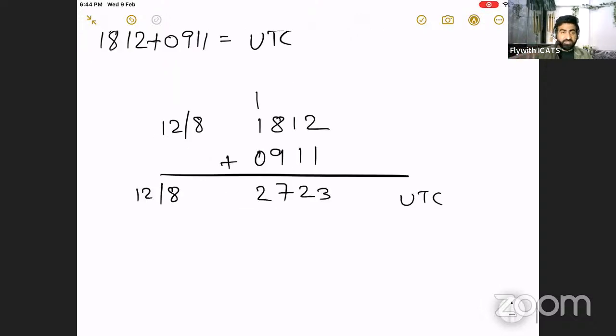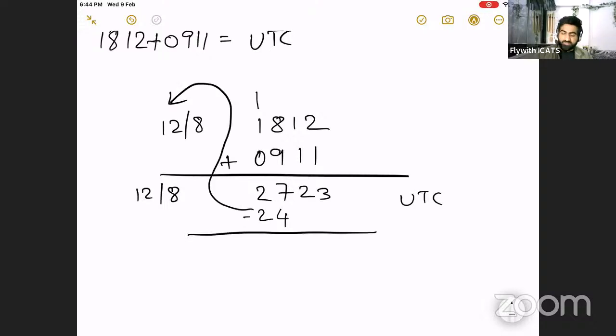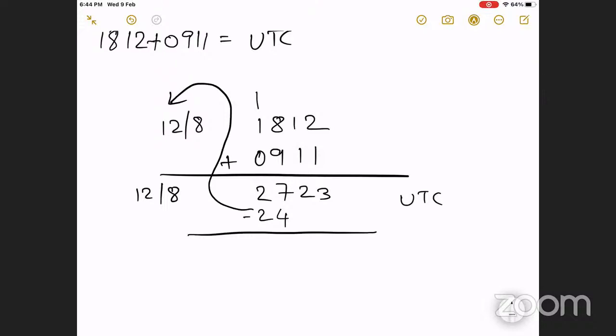Students, I want your attention here, everyone. You will take 24 hours from this equation, and these 24 hours you are going to give to the date. Sir, it's 18th of August, not 12th of August. Yeah, fine.